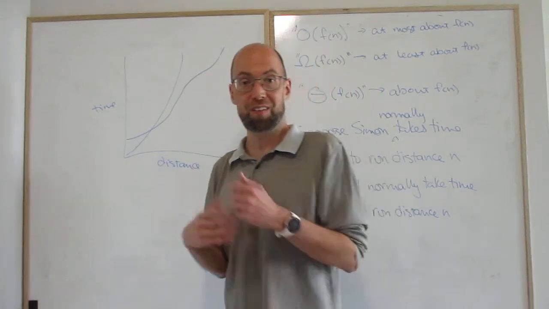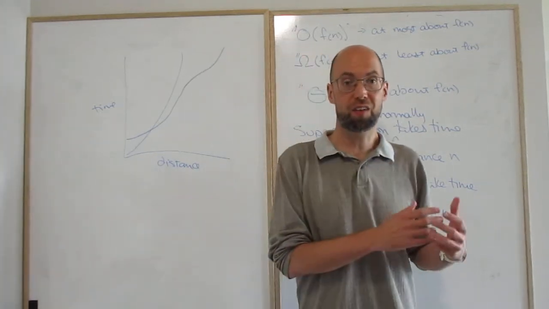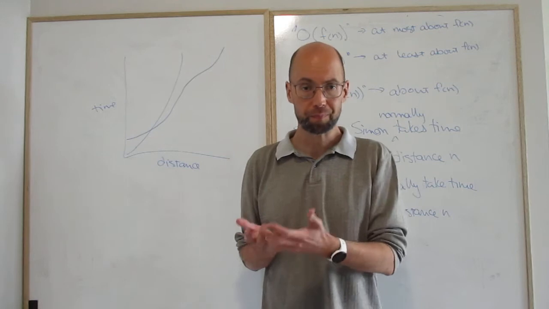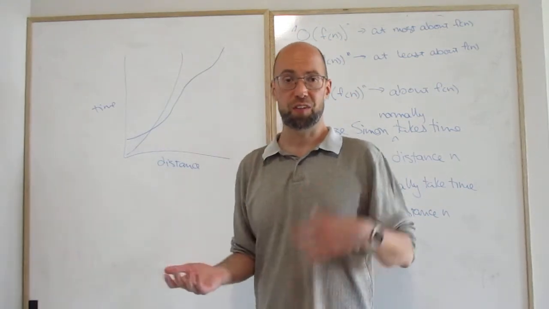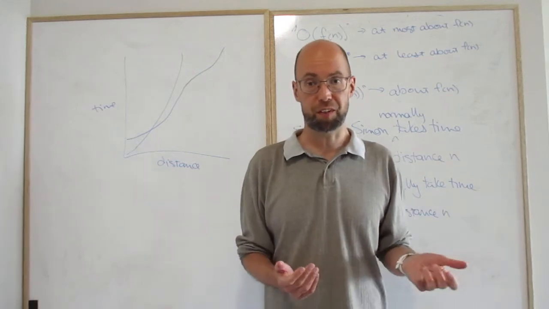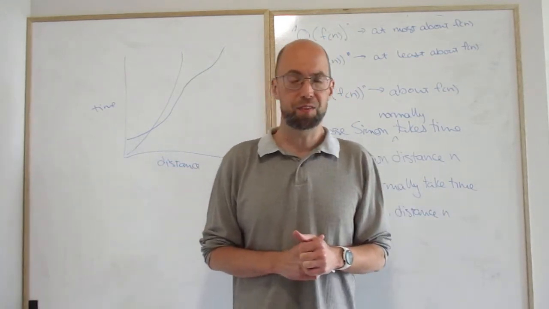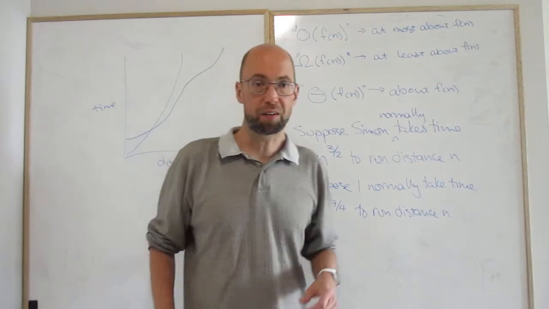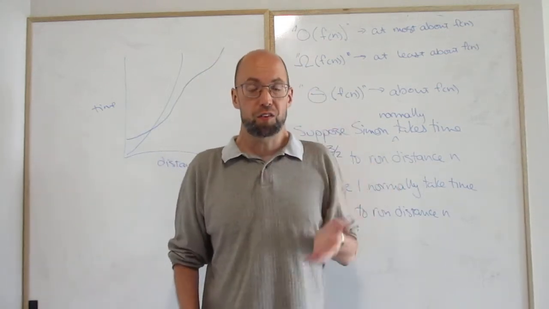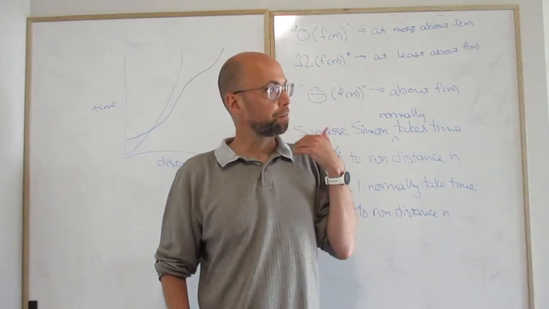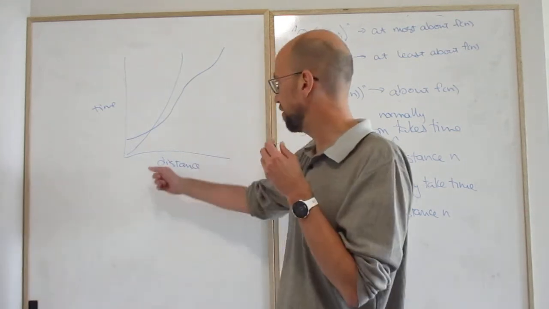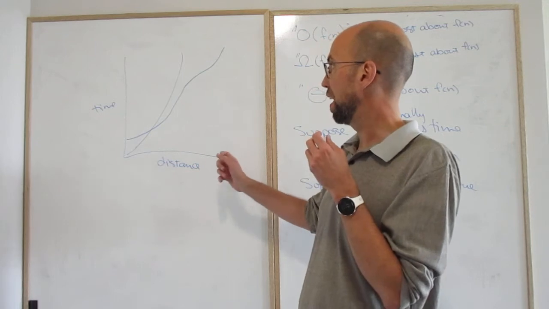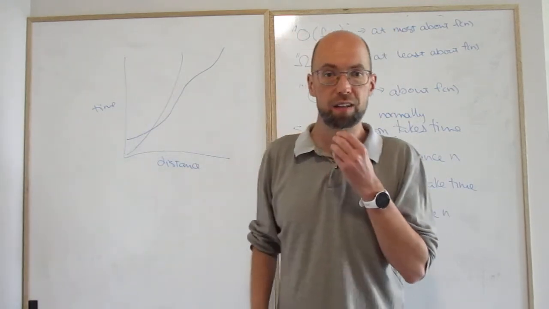We talk about the time it takes to process an input of size n. We don't talk about, the time is fixed, how much of the input can we process. So that's why I flipped these around. So the distance here is n, and the time is some function of n.